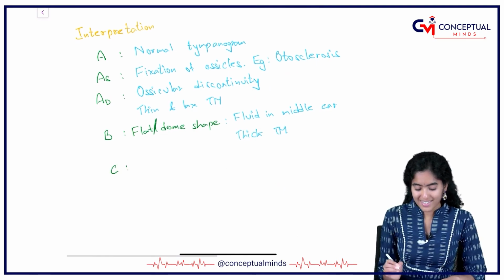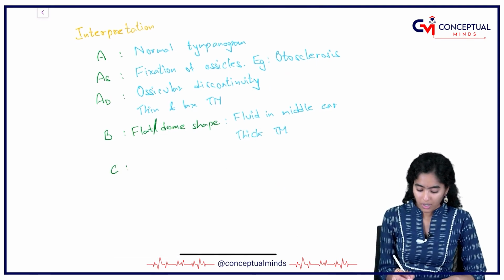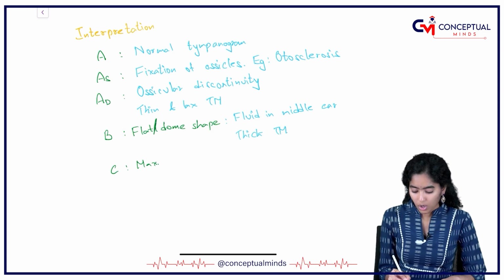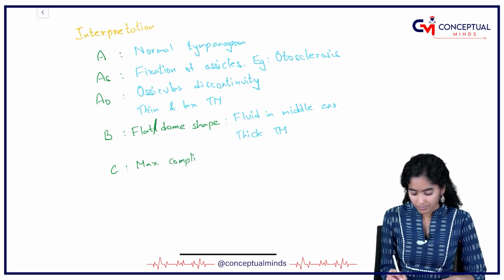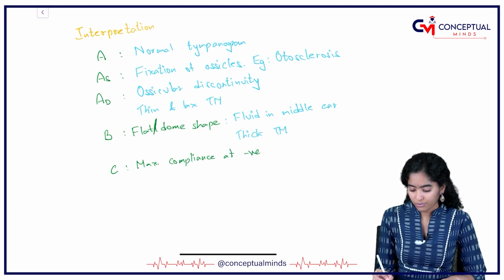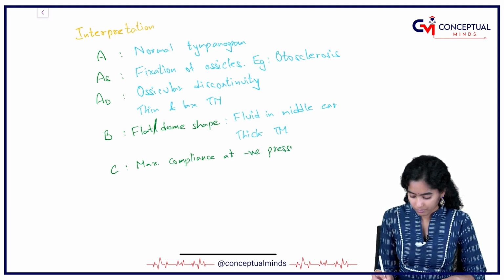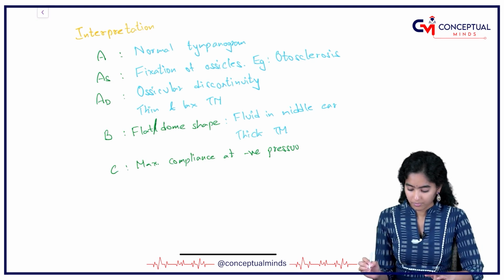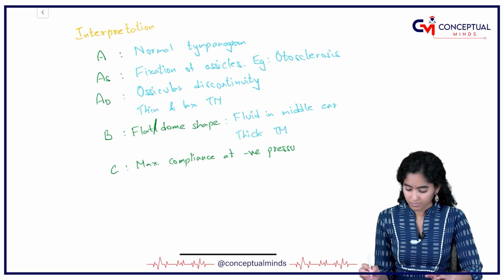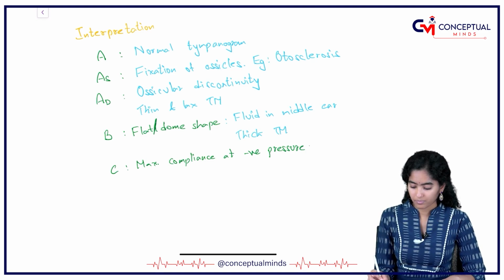What is a type C graph? Maximum compliance at negative pressure. When is this seen?